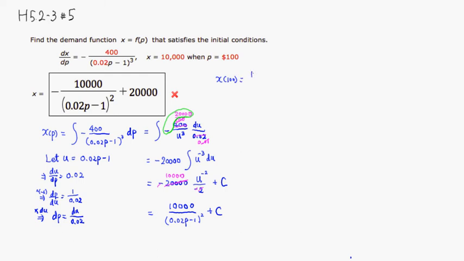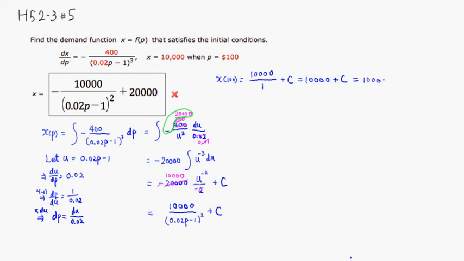You have 10,000 divided by, we put the 100, so it's 0.02 times 100 is 2. 2 minus 1 is 1, so it's 1 squared, which is 1. So here plus c, and this is just going to be 10,000 plus c is equal to 10,000.